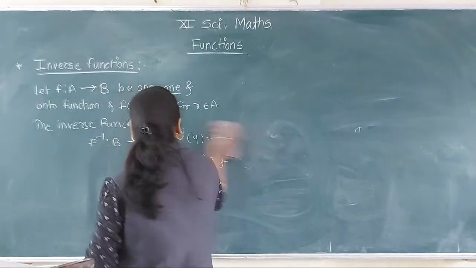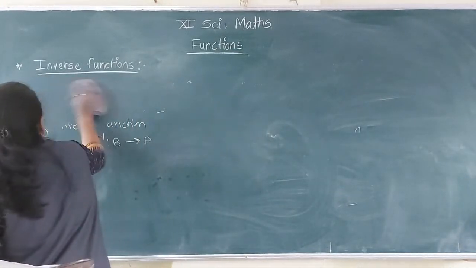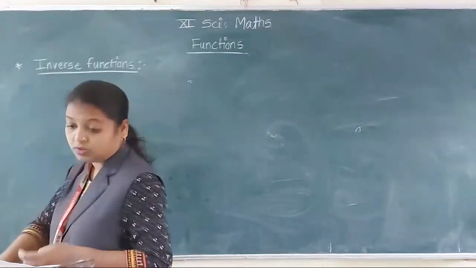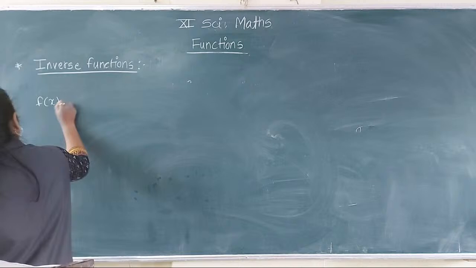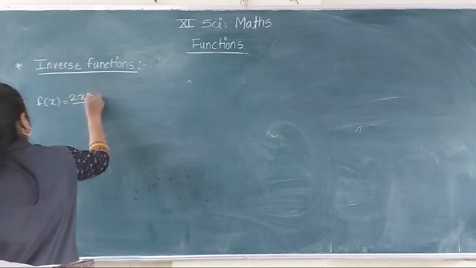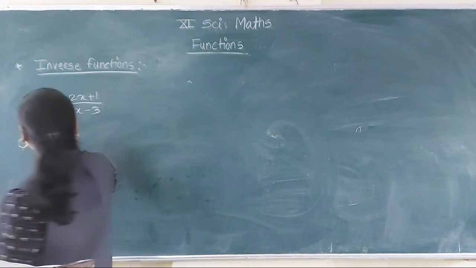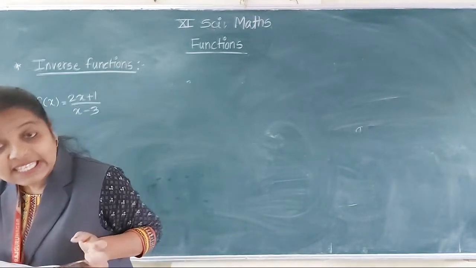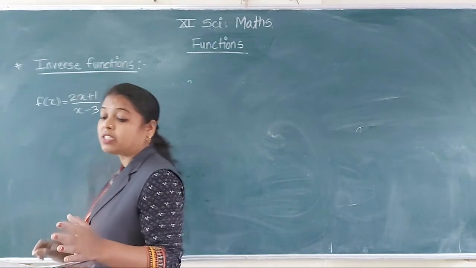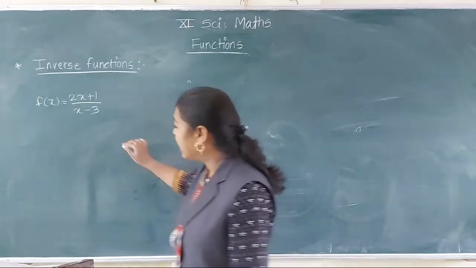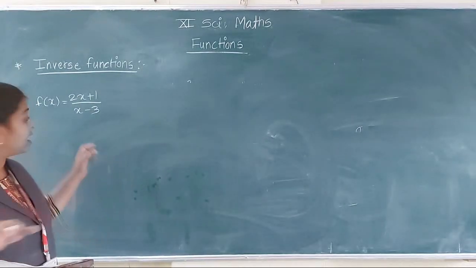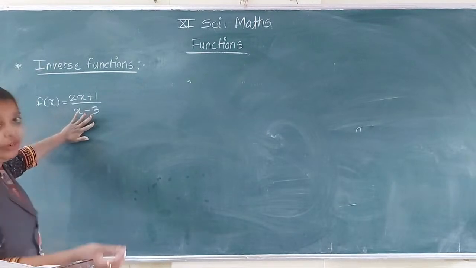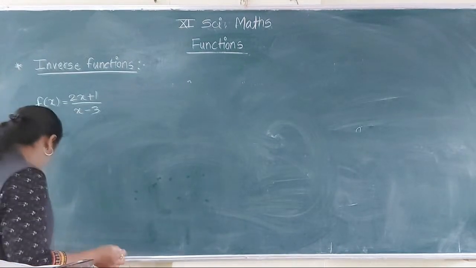Determine whether the function f of x is equal to 2x plus 1 upon x minus 3 has inverse, if it exists then find. म्हणजे याला इनव्हर्स आहे का हे पहिल्यांदा फाइंड आउट करा. इनव्हर्स आहे का जर असेल तर तो फाइंड आउट करा. ओके, सो याला इनव्हर्स आहे का.